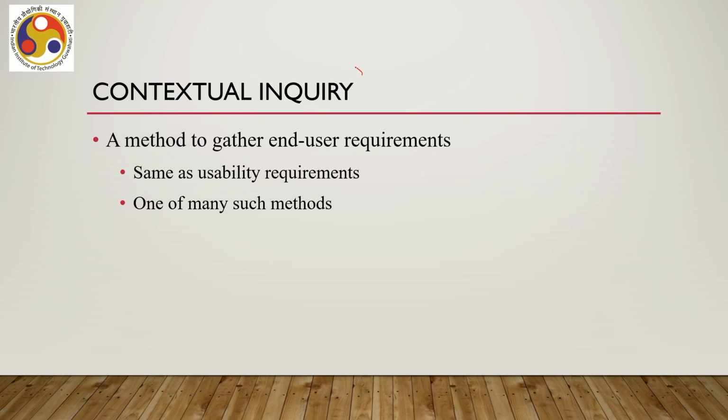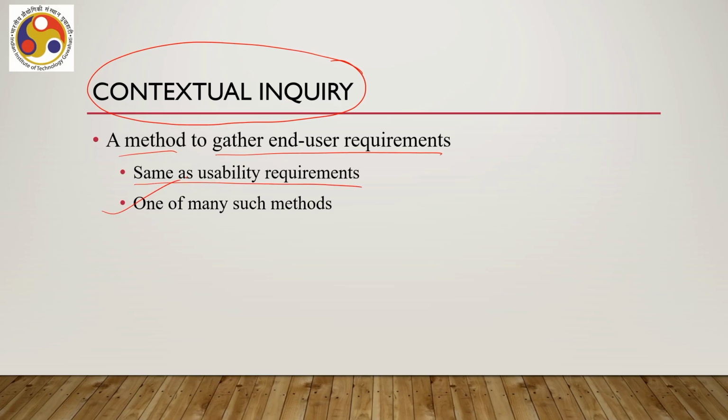we can talk about one requirement gathering method, an end user requirement gathering method, that is called contextual inquiry. Note that there can be many requirement gathering methods. One is contextual inquiry, which is a method to gather end user requirements, which in our context is the same as usability requirements, and one of many such methods.